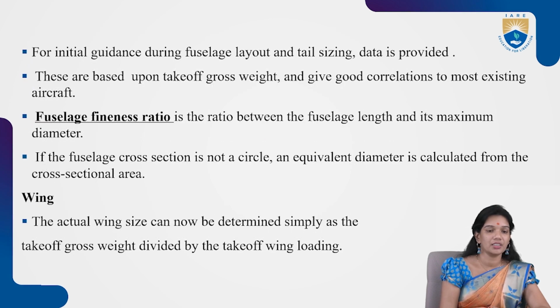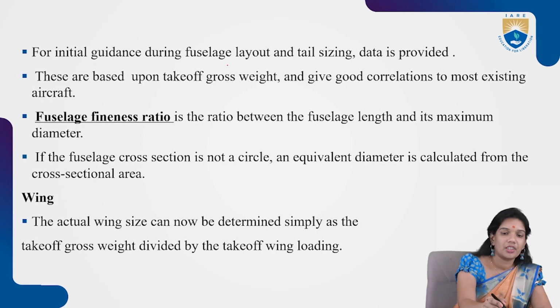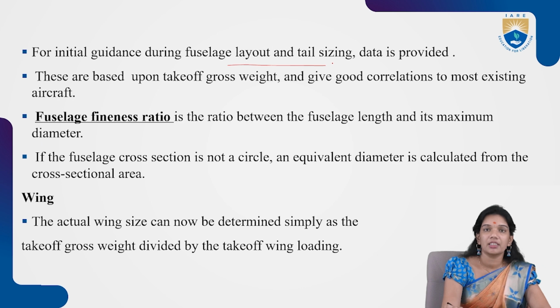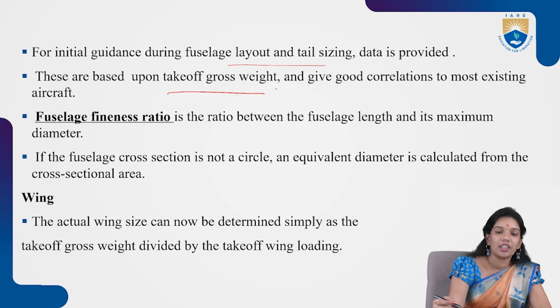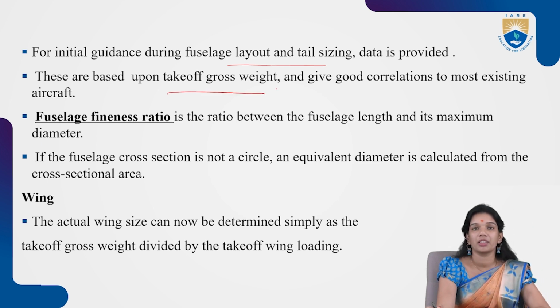Then the initial guidance during this fuselage layout, and also the tail sizing, is to be considered, so data has been provided for it. Now these are again based upon the takeoff gross weight that we have been calculating for different aircraft.